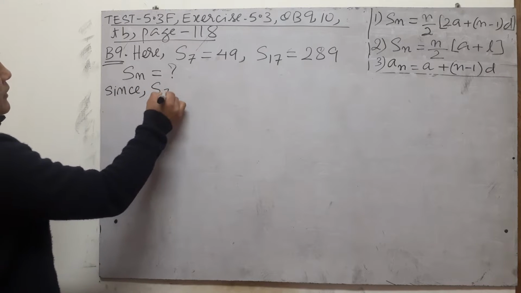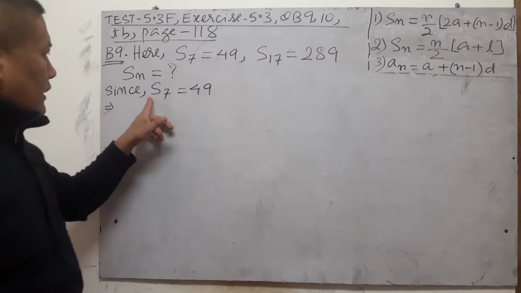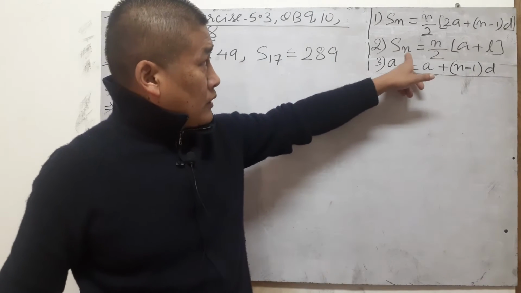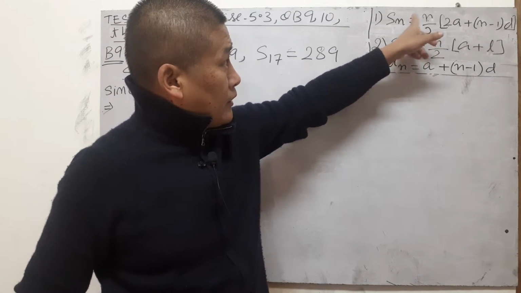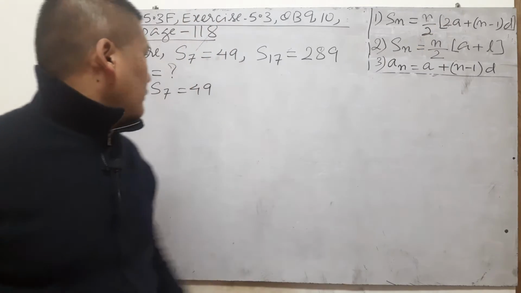Since the sum of 7 terms is given as 49, applying the formula Sn equal to n by 2 into 2a plus n minus 1 into d. So let us apply that.